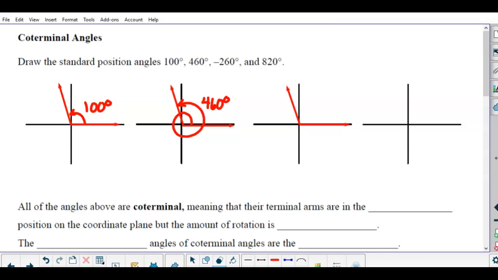The terminal arm and initial are all looking the same. 820, well that's pretty big, right? If you subtract 360, what do you get? 460. Okay, we already did 460, so it's going to be the same as that one, except more rotations.